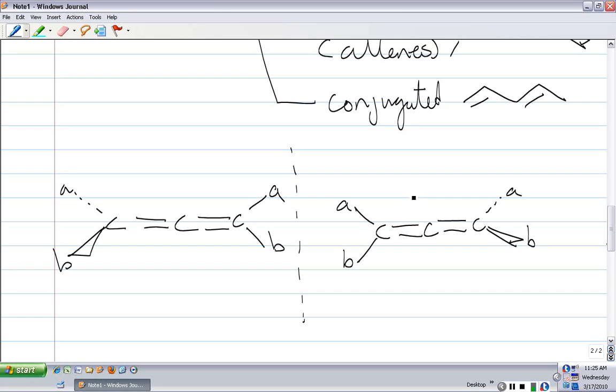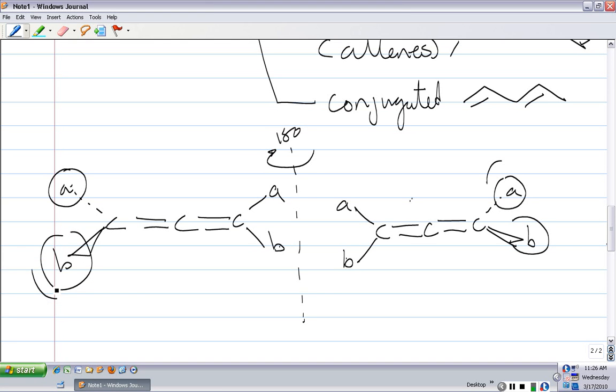If I took the species on the right and moved it across the mirror so that this A is on that one and this B is on that, and then I rotate it 180 degrees, what I will find is that the back B would fall on the back A, and the front B would fall on the back A, and the back A would fall on the front B, so that they no longer superpose.